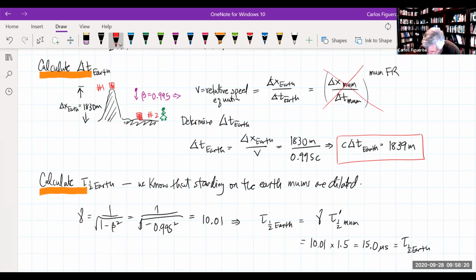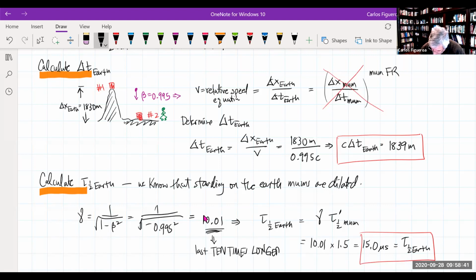Now, what's important about this is that physically it has to make sense. You could see that because of that gamma factor, this implies that they last 10 times longer. Right?